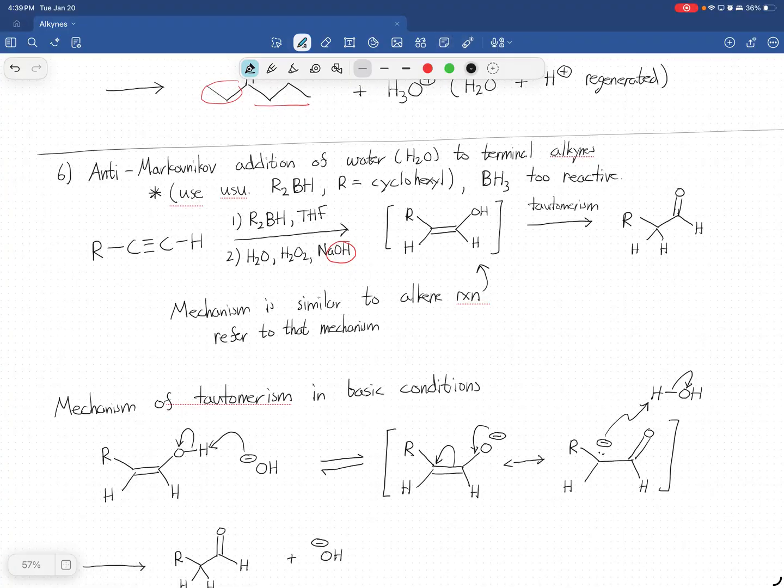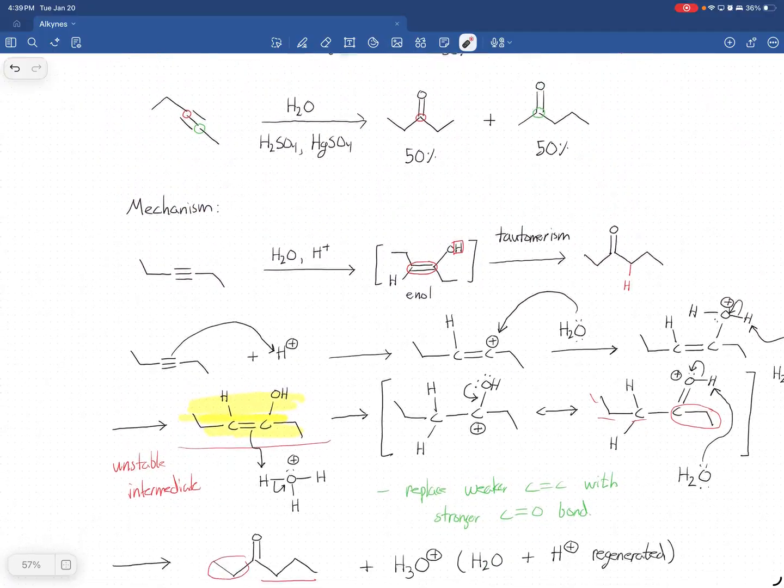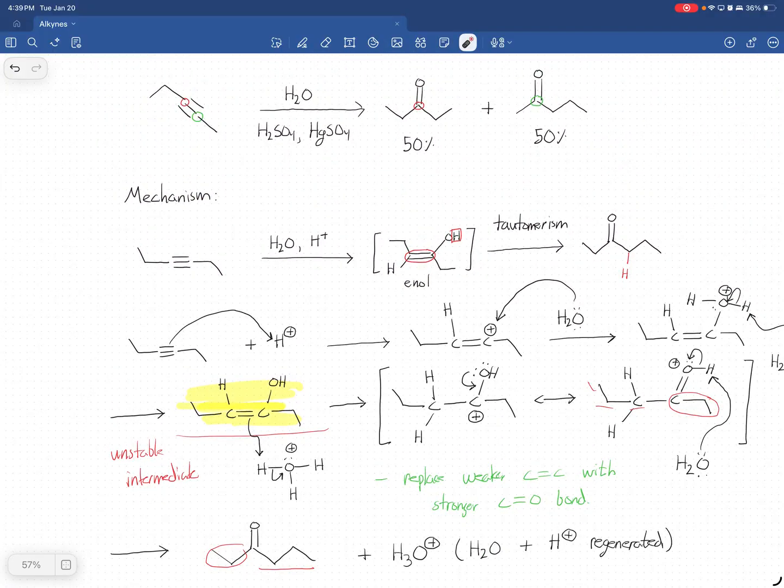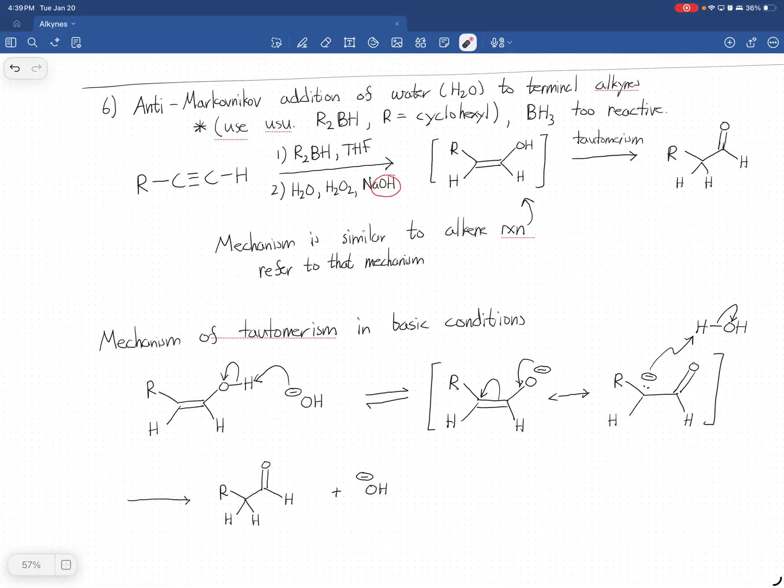Well, if you added just water, mercury, and H+, the water will just add to the more substituted position, as we saw in this scenario, where it added to this carbon and formed a ketone, okay? So for number 6 here, if you slightly change the conditions, you can actually get the water to attack the other side instead of the least hindered side, okay? So there's two types of products you can actually form in a terminal alkyne here, okay?